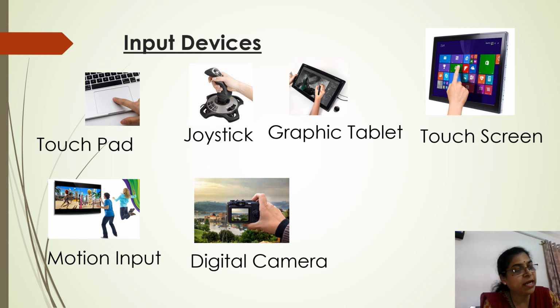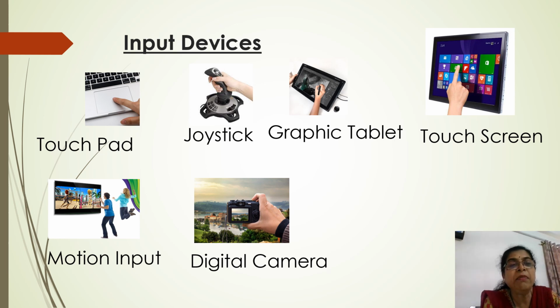Then comes the motion input. A motion input lets the user guide on screen elements using air gestures. Air gestures involve moving your body or a handheld input device through the air. With motion input, a device containing a camera detects your gestures and then converts it to a digital signal that is sent to a computer or game device.